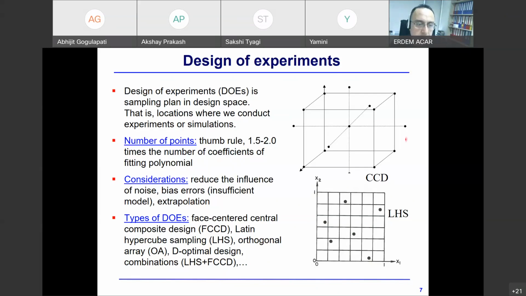Over here, if the noise is too much, then I would like to use a classical design of experiment like CCD. But if the noise is small, then I can use some space filling technique like LHS. Similarly, if I want to use some extrapolation, then I may want to go with the classical design of experiment. If I am not using an extrapolation, then I can go with Latin hypercube sampling.